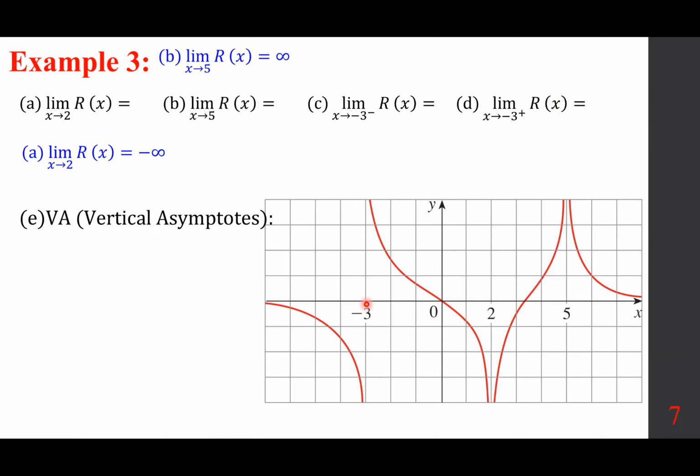However, as we approach negative 3, whether we approach it from the left side or right side makes a difference. So the limit of r of x as x approaches negative 3 from the left is negative infinity, and from the right is positive infinity.